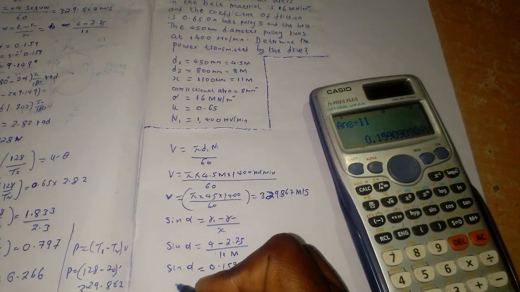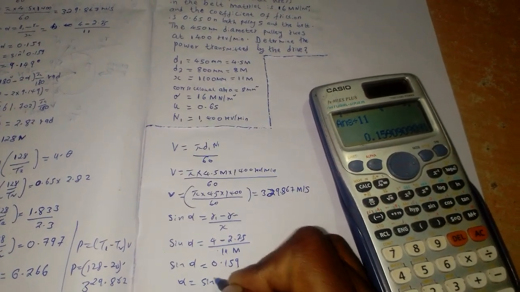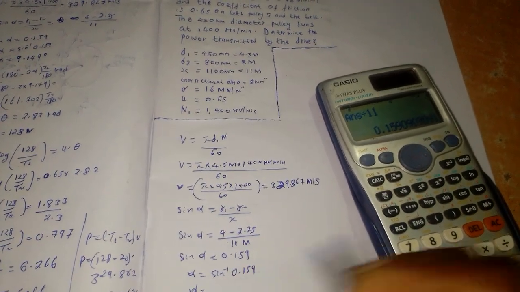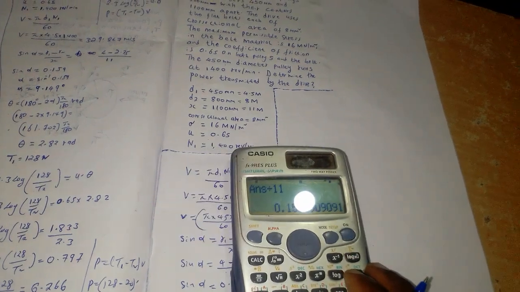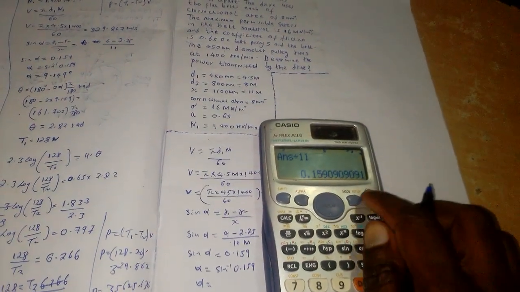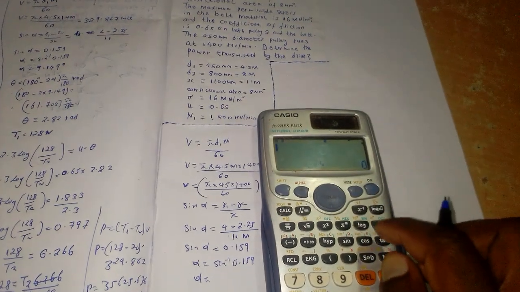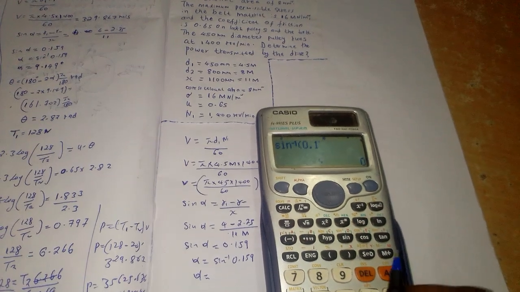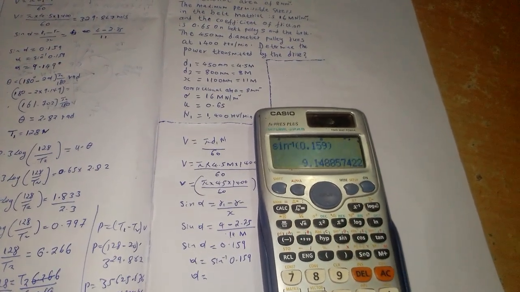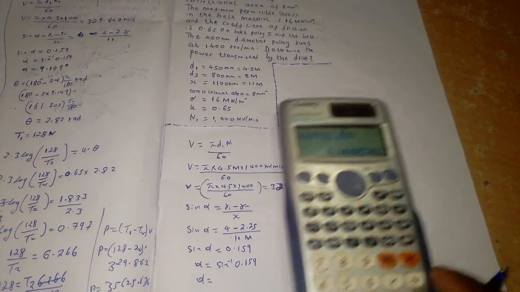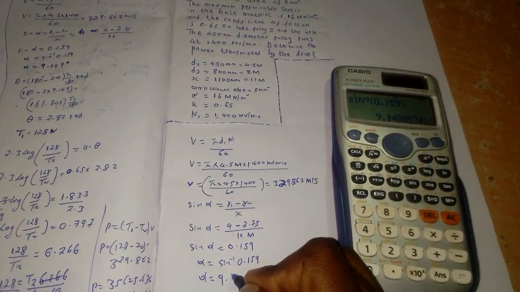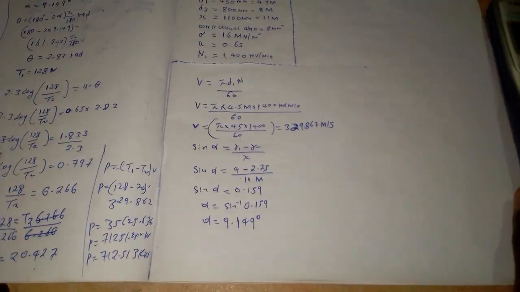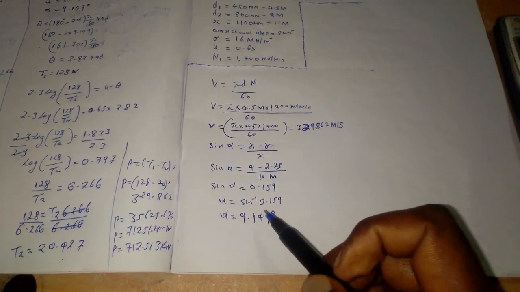Now I find the sin inverse of 0.159, which is 9.149 degrees.